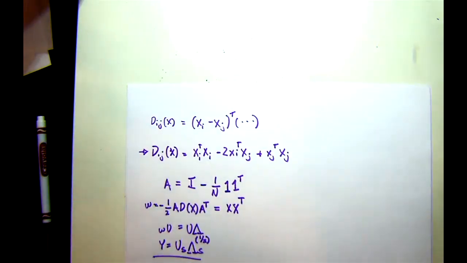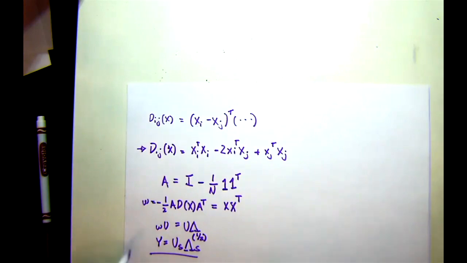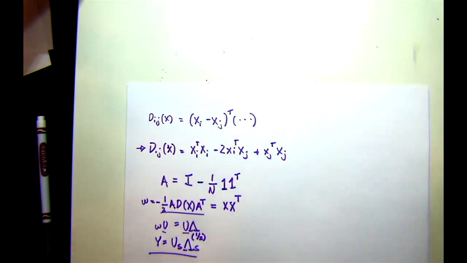And this is going to be our new Y. So basically, we're going to take this W, which is defined to be this. We're going to find the eigenvectors of that using an eigenvector decomposition. And then we're going to just define Y to be the eigenvectors of those low number of dimensions.